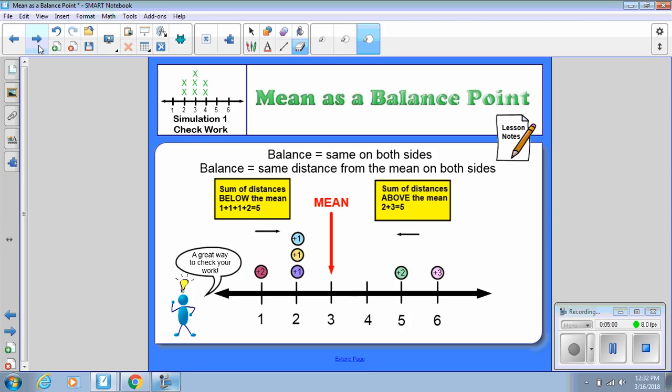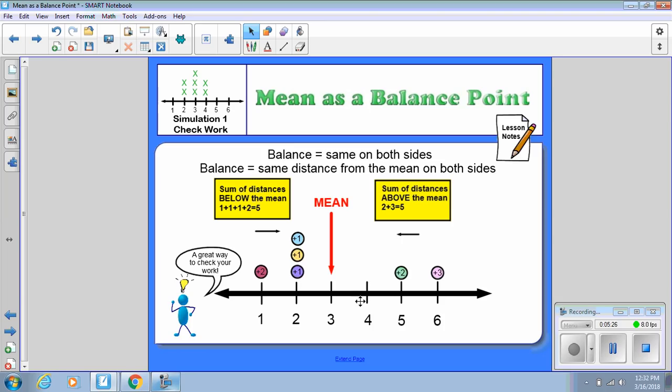So on your seesaw, that fulcrum is in the middle, and there's just as much length of seesaw on the left side of it as there is on the right side of the seesaw. So we see this is 2 spaces away from our mean of this data set, which we found was 3, so 2. And then these are each 1 space away, so that would be 2 plus 1 is 3, plus 1 is 4, plus 1 is 5.